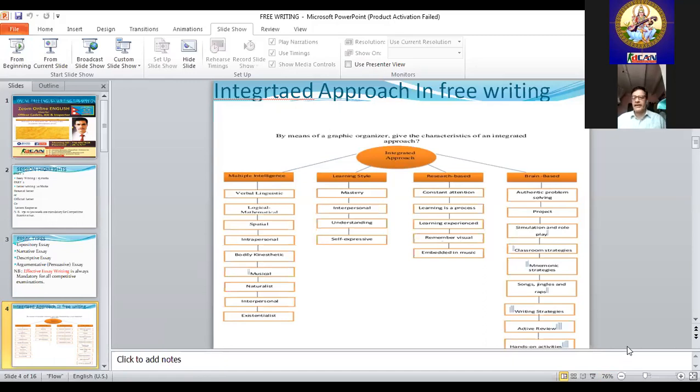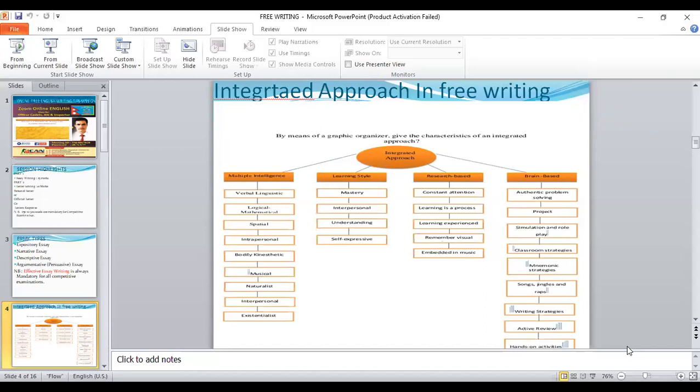In these categories we have verbal linguistic, logical mathematical, statistical, spatial, intrapersonal, bodily kinesthetic, musical, naturalist, interpersonal, and existentialist. All these are the approaches to multiple intelligence that the students should get as a resource.